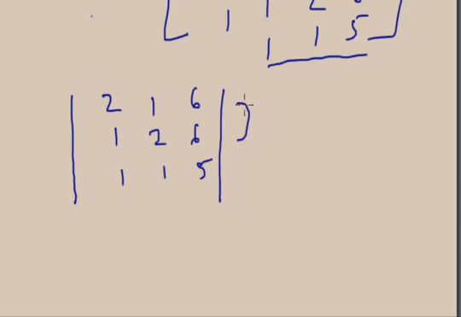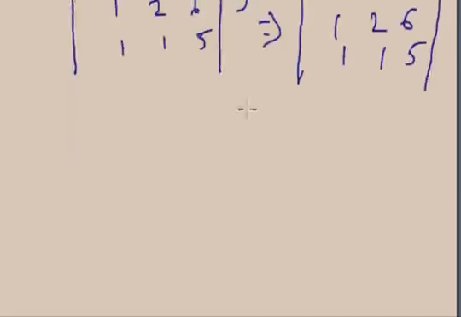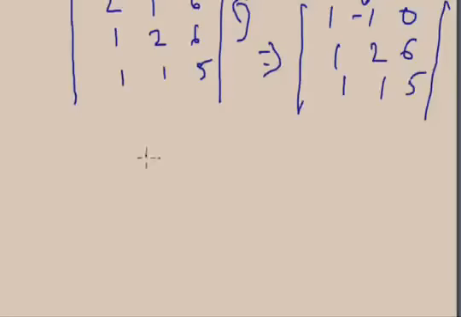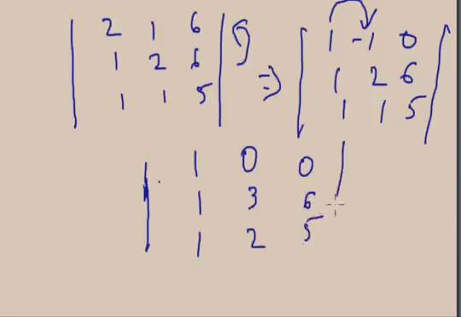Reducing this, performing R1 minus R2, I will get 1 minus 1 0, 1 2 6, 1 1 5, and adding this to this column, it will be equal to 1 1 1, 0 3 2, and 0 6 5.